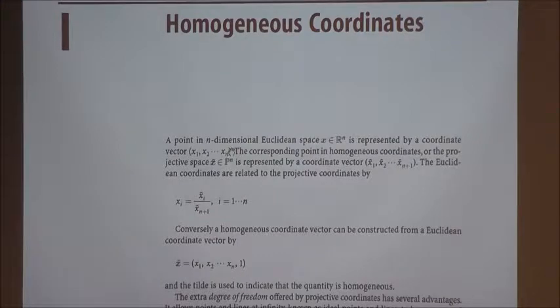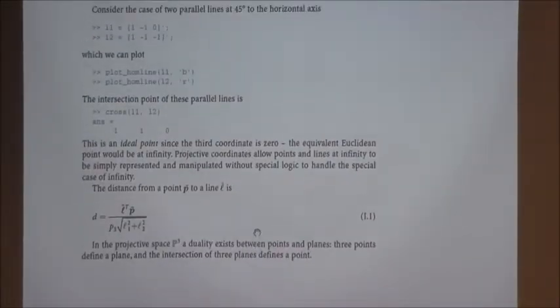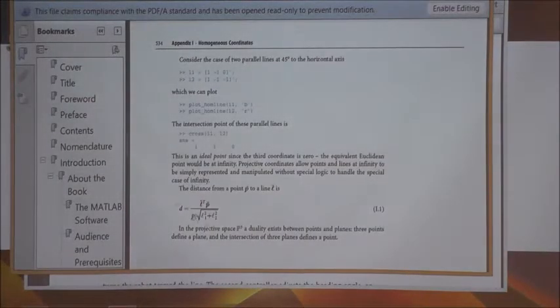It tells you how a point is defined in an n-dimensional Euclidean space. And one of the issues covered here is that the distance from a point P tilde to a line is given by this equation. So this is the equation for the distance between a point and a line. That's where this equation comes from.